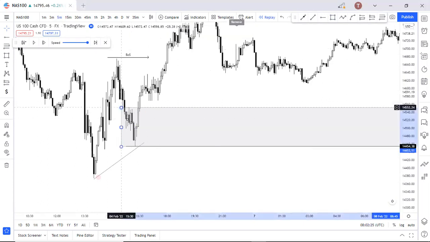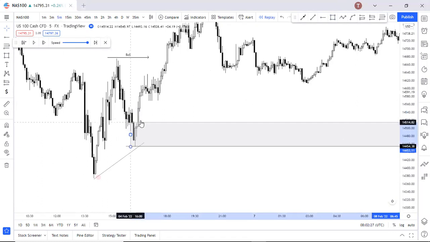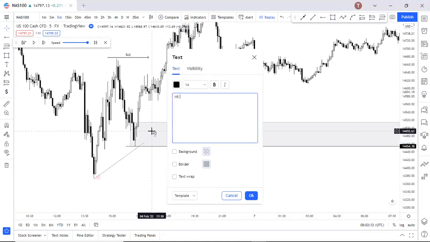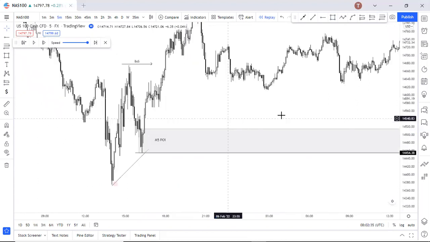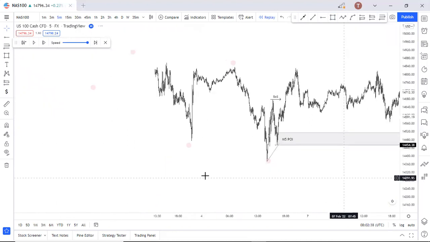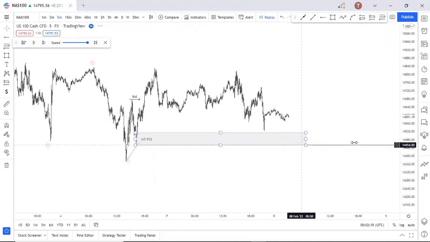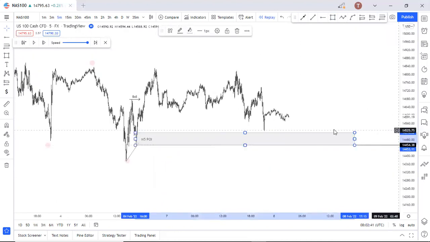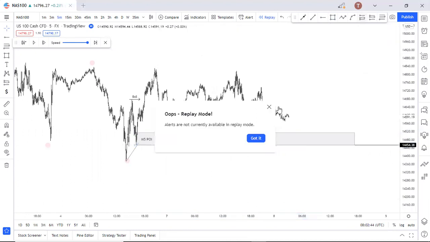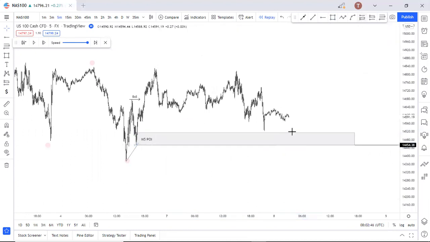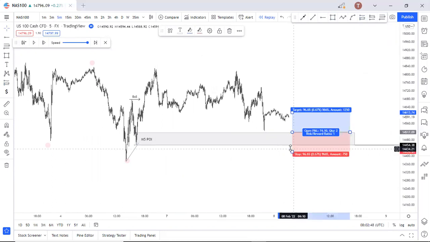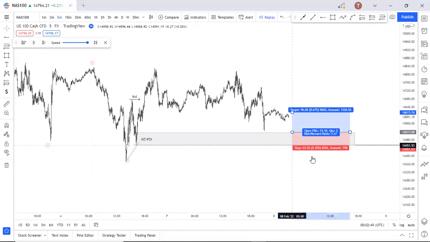So I refined down to this level on the 5 minutes, labeling this as my 5 minutes POI, and I decided to set an alert around this zone, and also set a buy limit at this zone with my stop loss just at the bottom of the zone.